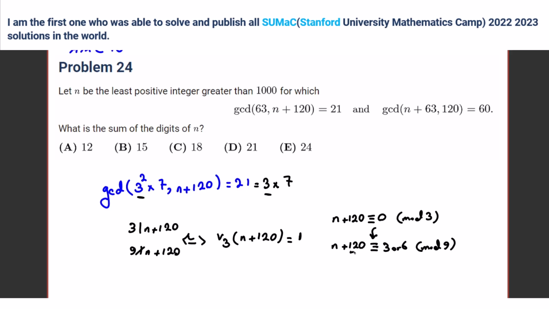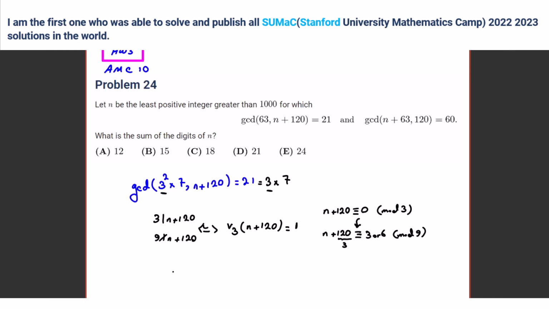So n plus 120 is what mod 9? 3. Exact. So we can conclude n is what mod 9? 0 or 3. Exactly. It is the first result that is useful, okay?